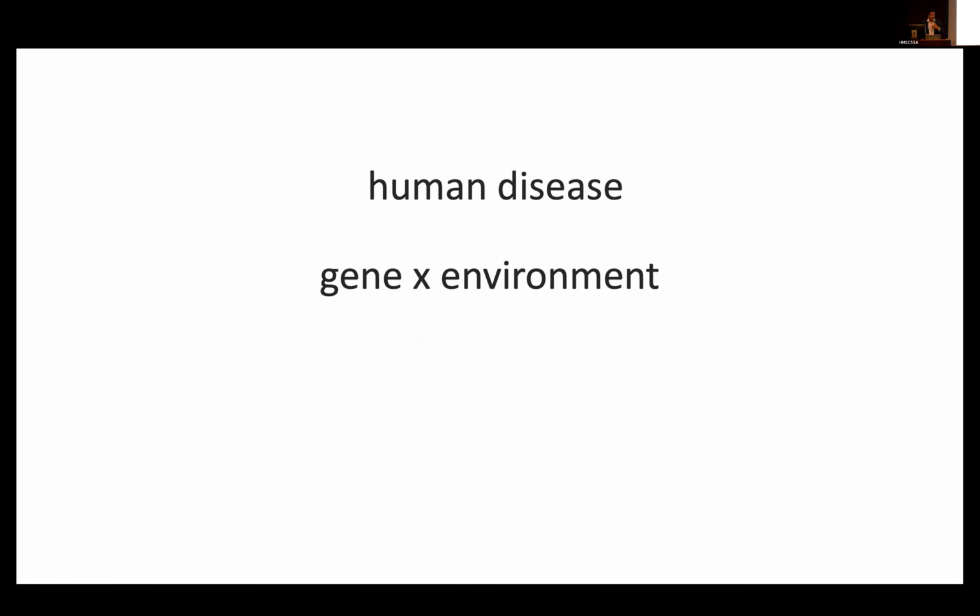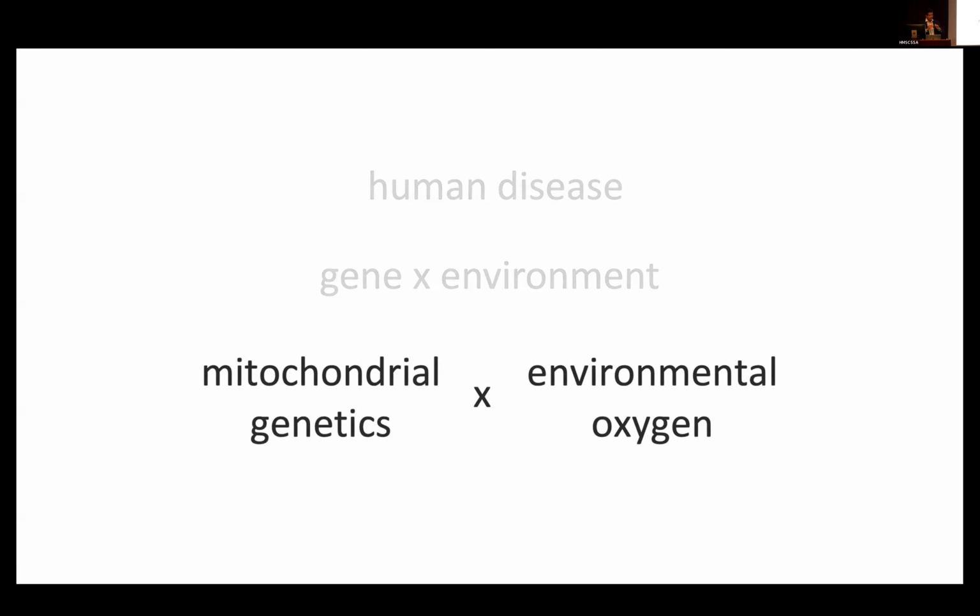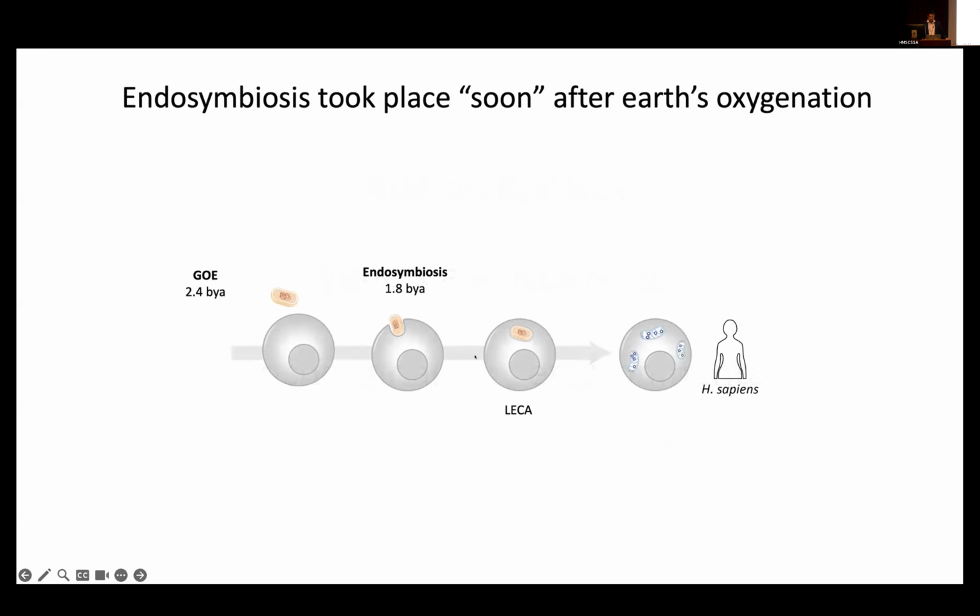So I'm going to end now and just say that when we think about human disease, we think about genes and environment. And I think when it comes to mitochondrial genetics, I think the key environmental variable might actually be ambient oxygen. And the reason is we spoke earlier about this endosymbiotic event that took place about 1.8 billion years ago, but that was following another important event on our planet's history, the Great Oxygenation Event.